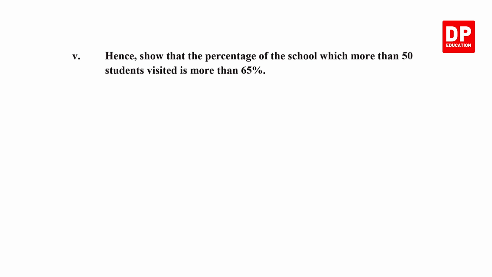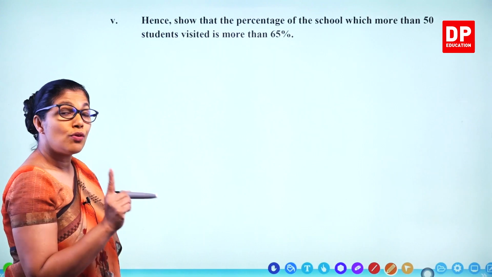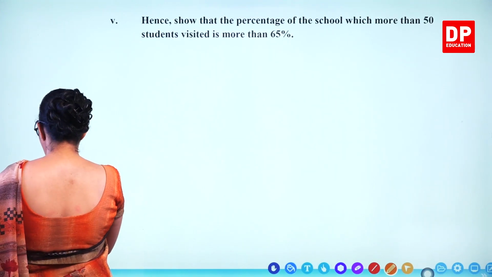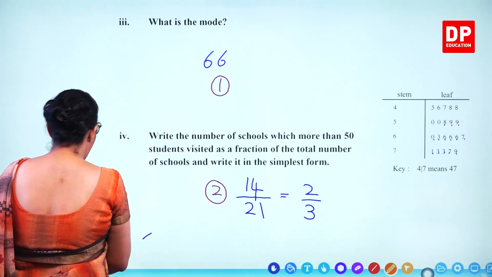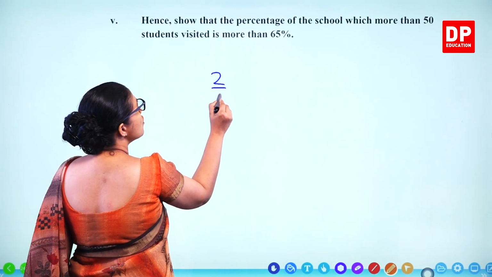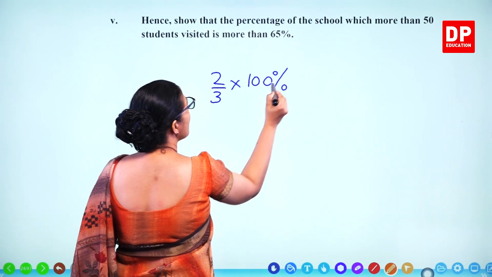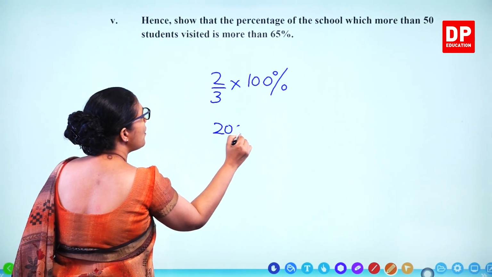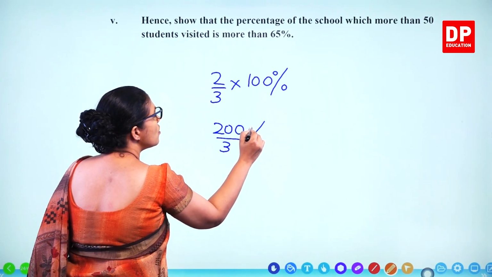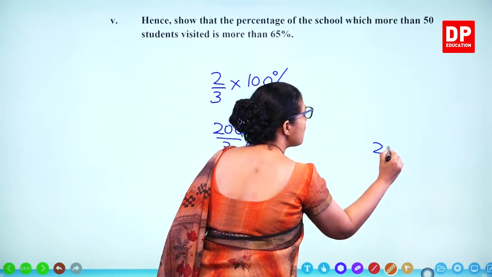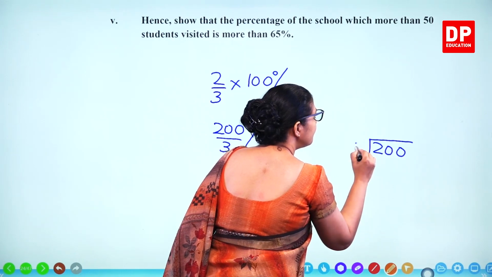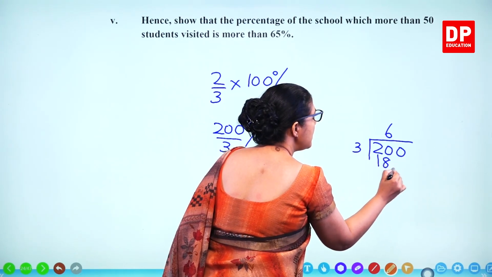Hence, show that the percentage of the schools which more than 50 students visited is more than 65%. So we found out what's the fraction? 2/3. So as a percentage, 2/3 into 100%, 200 divided by 3. Do long division and find out. 3 times 6, 18.